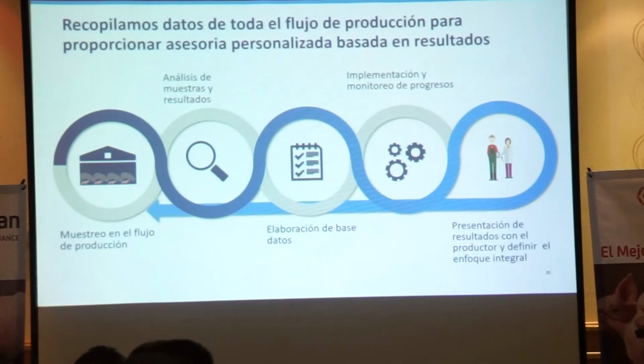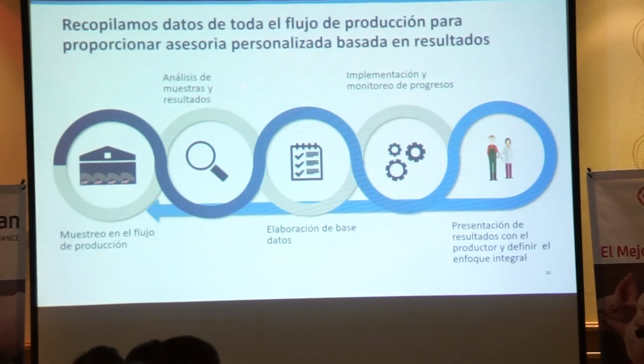So how do we do that? It's a good question. What we want to do is have a look at your farm and have a look at your data to give you our advice at the end. We go to, for example, the feed mill or the farm and analyze it, taking samples in the feed mill, taking fecal samples in the farm, anything you can think of.